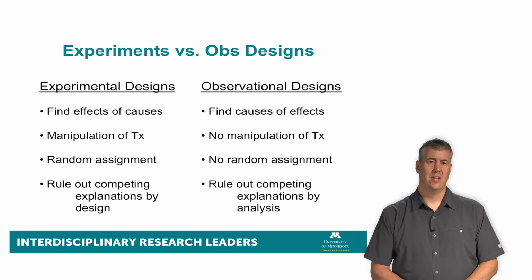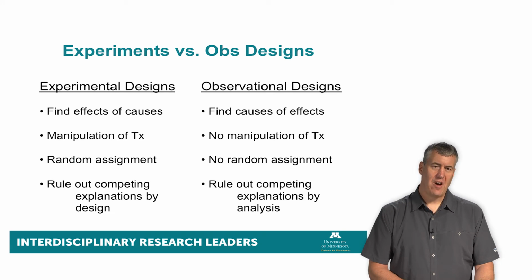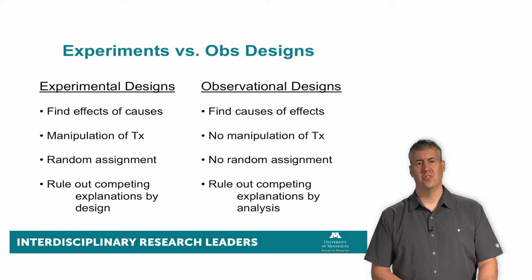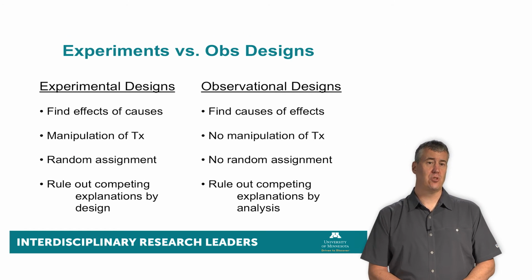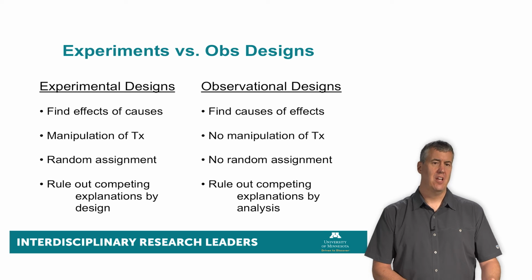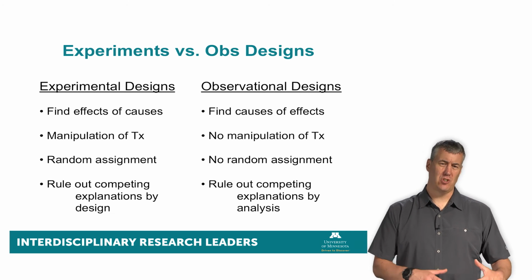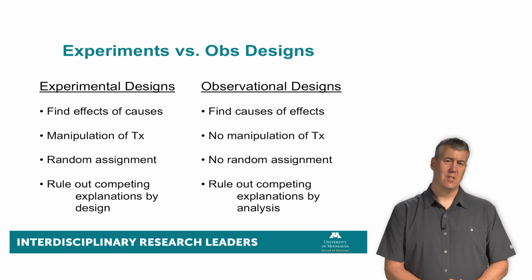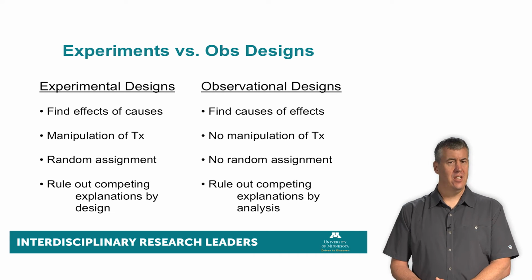Here's a little summary. In an experiment, we try to find the effects of causes. We manipulate or change the treatment. We have a random assignment, and we rule out competing explanations through the design itself. In an observational study, we try to find the causes of effects.